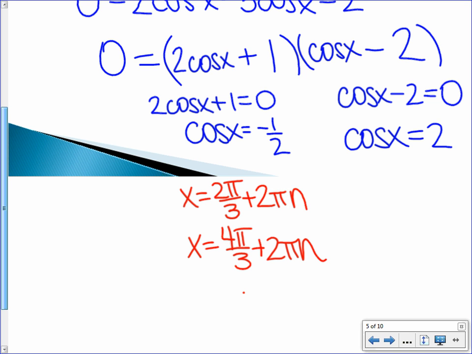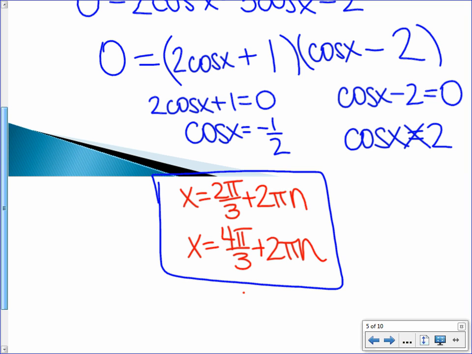It is out of the range. Excellent. Remember, cosine bounces between negative 1 and 1. 2 is outside of that range. That can't happen. That does not give us a solution. Algebraically it works, but trigonometrically it does not. So these are our only solutions. Makes it nice when that happens, right?